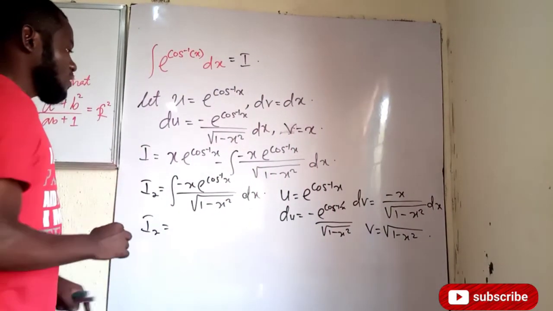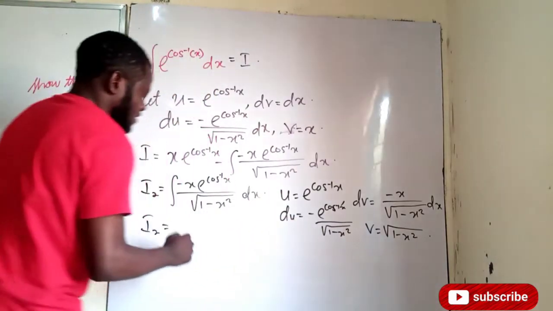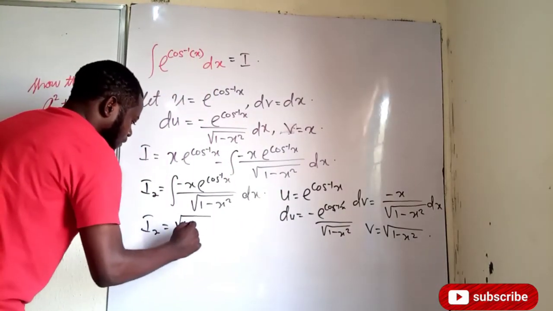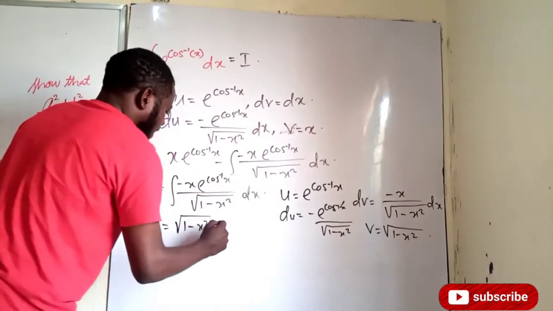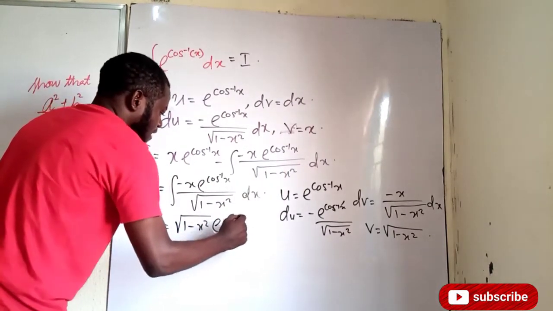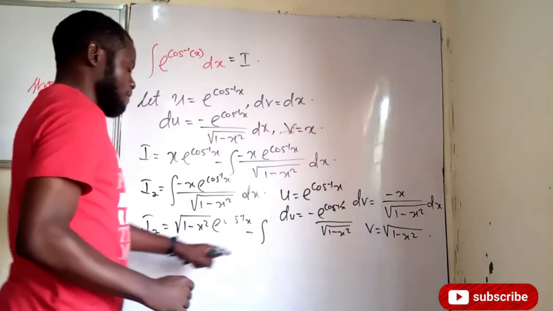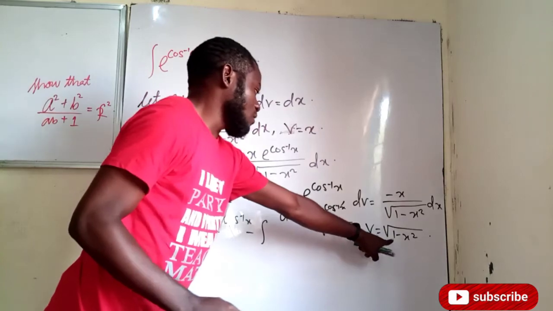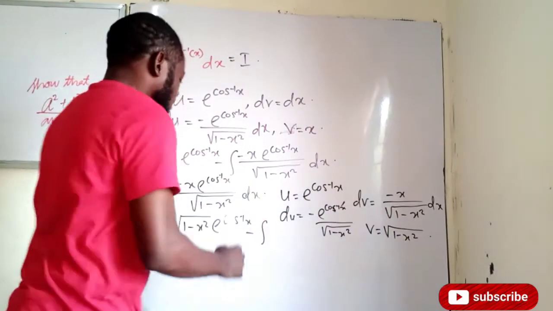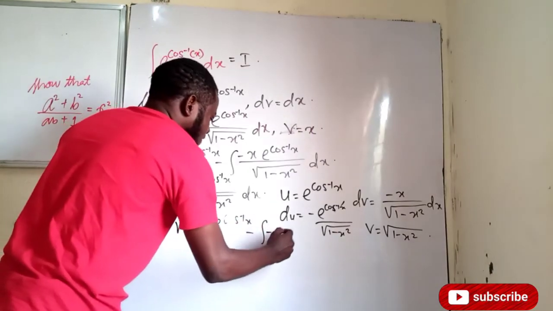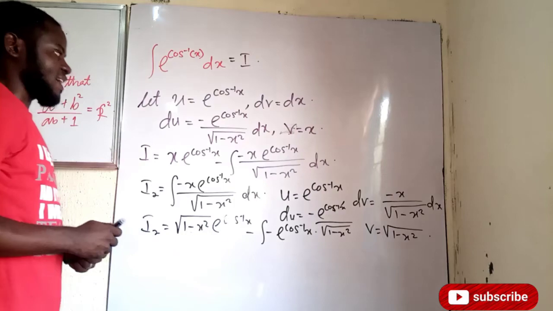Okay, so it means that I2 is going to become uv, that is the square root of 1 minus x squared, then multiplied by e to the power of arc cos of x, minus the integral of this and this. When you use this to multiply this, this will cancel. Are we together? Then we have negative e to the power of arc cos of x, like that.